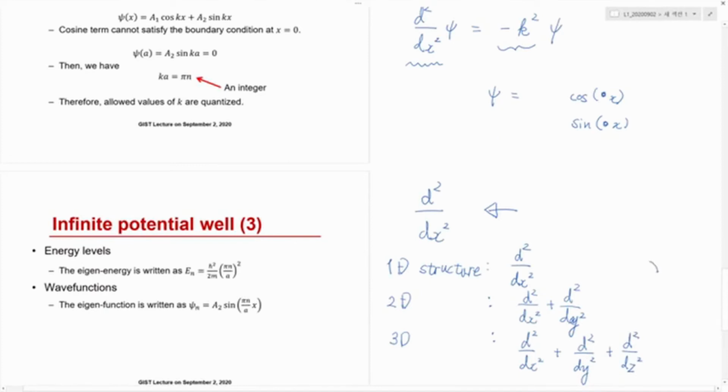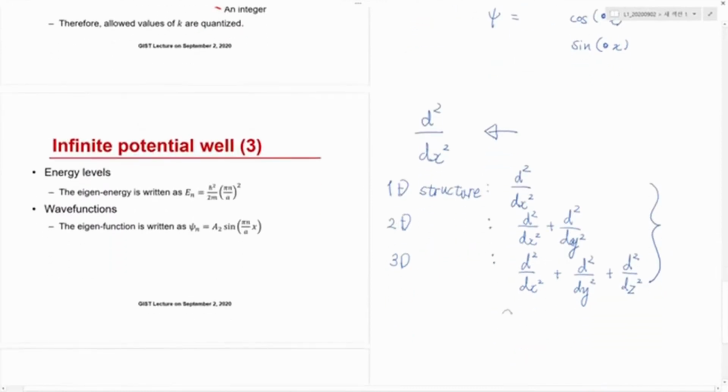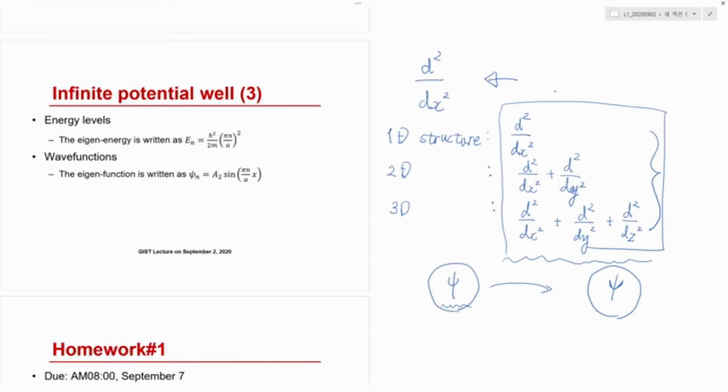You know it quite well, and this operator has its own name. What is the name of this operator? Yes, as you already correctly answered, this operator is called the Laplacian operator. So we are interested in the eigenvalues and eigenvectors of the Laplacian operator. That is one thing we have to keep in mind.